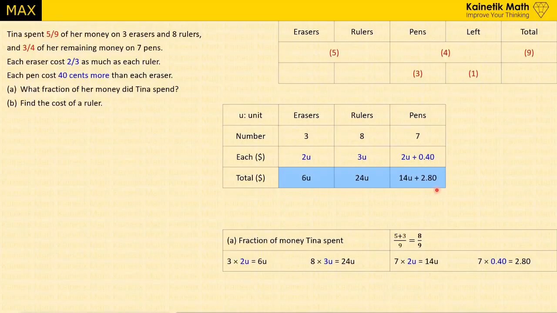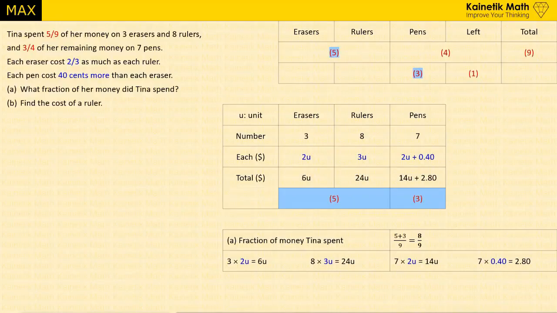So that means we should connect this 6 units and the 24 units to the 5 parts over here. Because we have to make a comparison, right? In order for us to figure out the value for the units, if we don't make new comparisons, we will not be able to figure out how many units is what value.